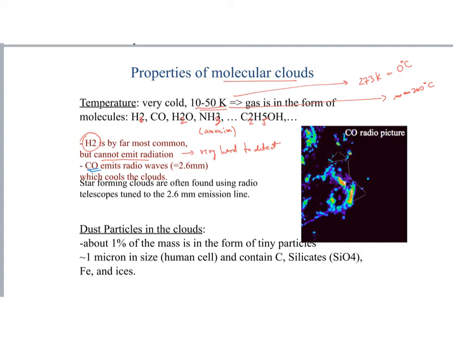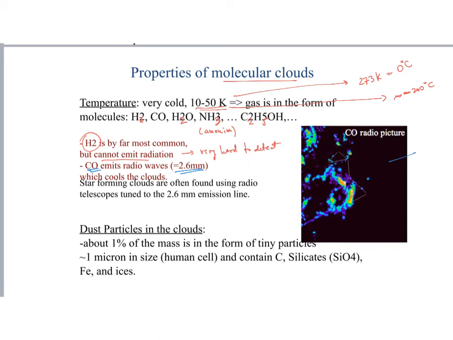We're looking for those star-forming clouds, and we often use the radio emission associated with those CO molecules as a proxy for, hey, this is where we actually find molecular gas, especially the hydrogen molecular gas. So that's how we find the regions in which stars form.